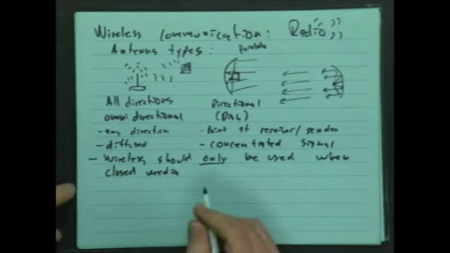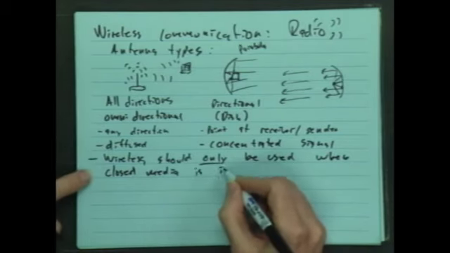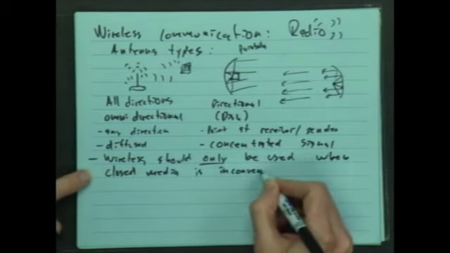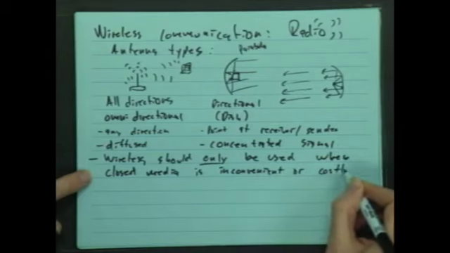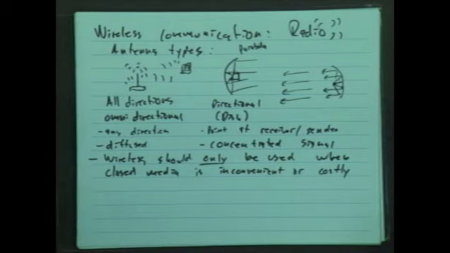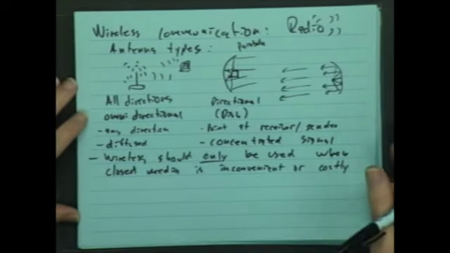So we only use wireless when closed media is inconvenient or costly. Okay? Generally speaking, wireless is terrible. So we don't like wireless at all. And we only use it because people make us.